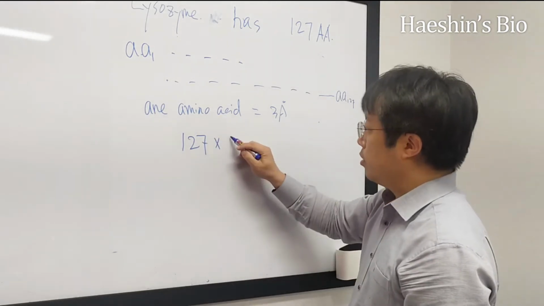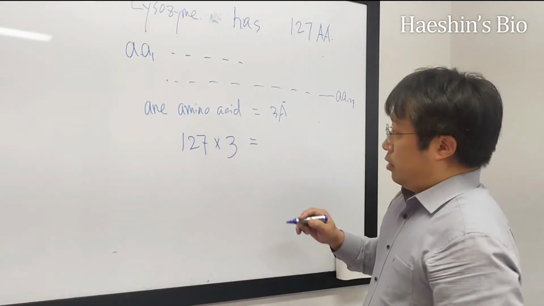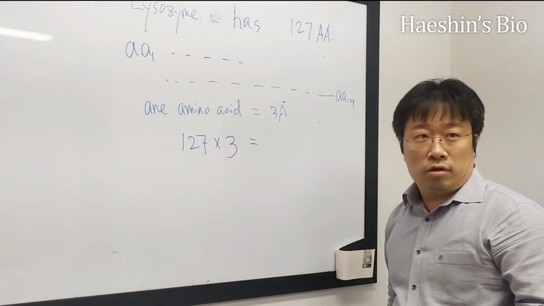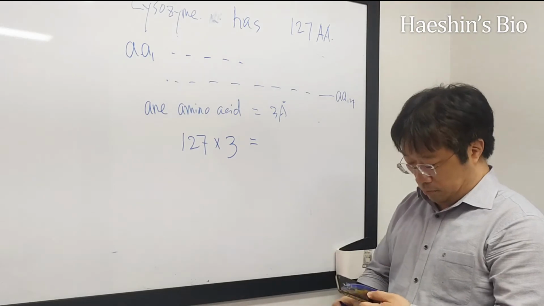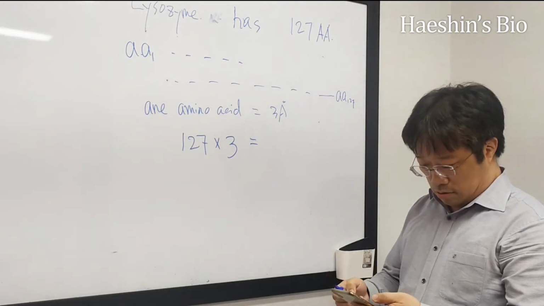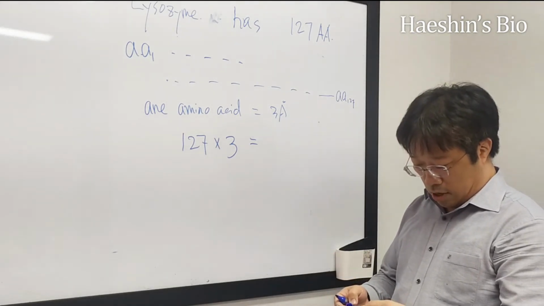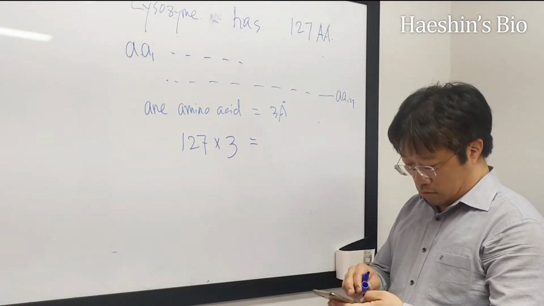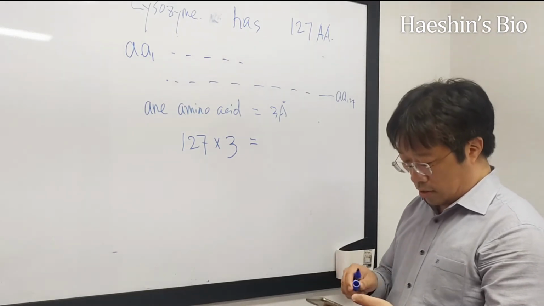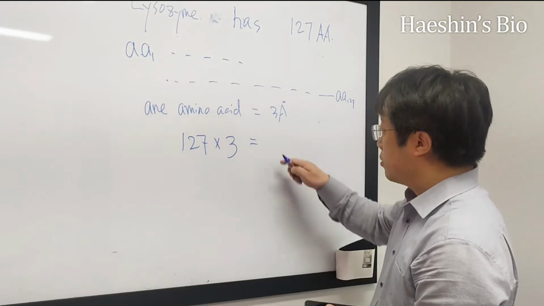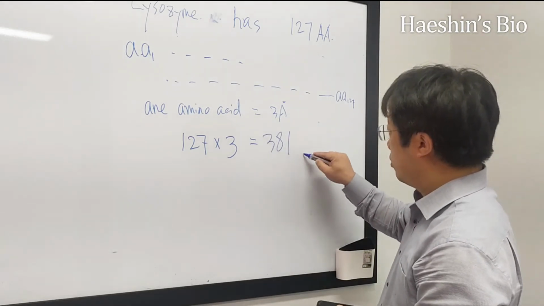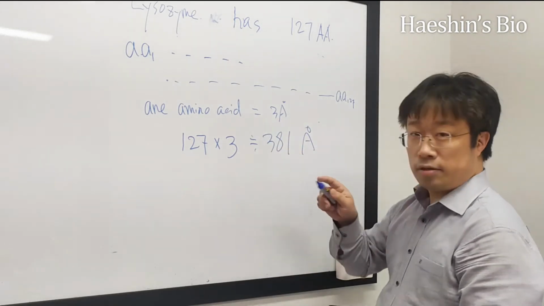Then calculate this: 127 times 3, that is 381. So 381 angstrom, roughly speaking.